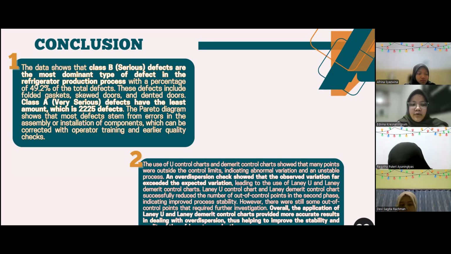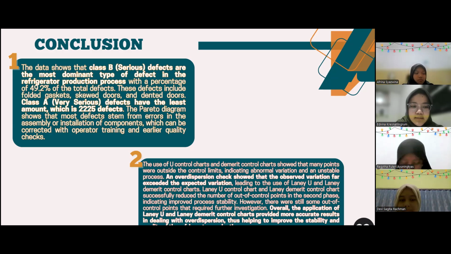And class A or very serious defects have the least amount, which is 2,225 defects. The Pareto diagram shows that most defects stem from errors in the assembly or installation of components, which can be corrected with operator training and earlier quality checks.